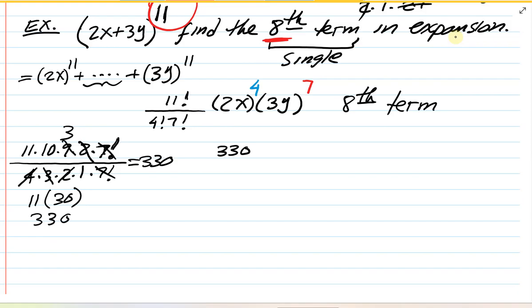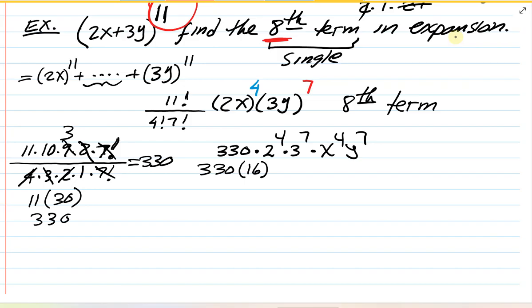Now let's simplify 2x to the 4th. That's 2 to the 4th, x to the 4th. 3y to the 7th, that's 3 to the 7th, y to the 7th. Now I have to do this product. 2 to the 4th is 2 by 2 by 2 by 2, which is 16.